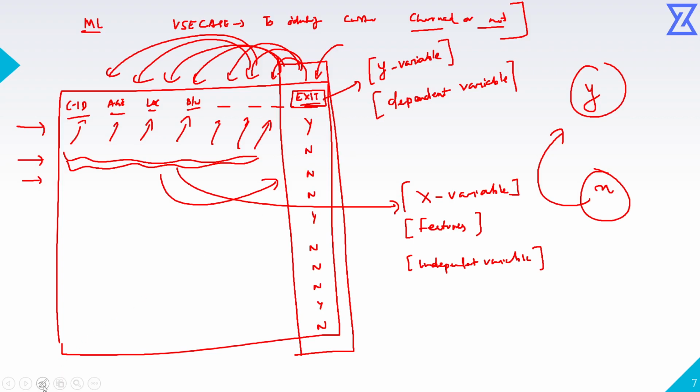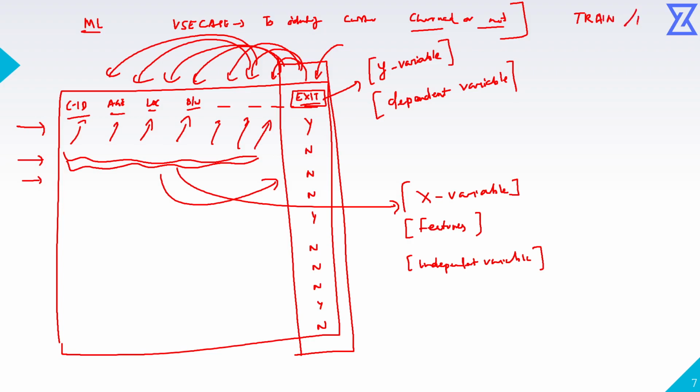Now, another thing I want to explain here is, let me erase some of them. Another concept I want to explain is train and test. What do you mean by train and test? In machine learning, we mostly divide the data into two chunks.